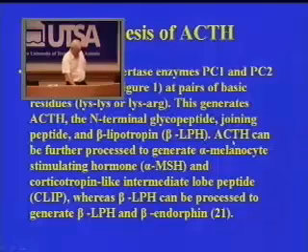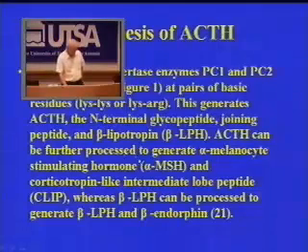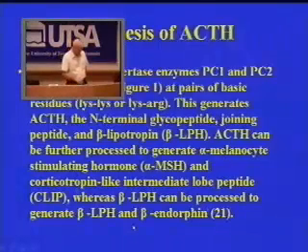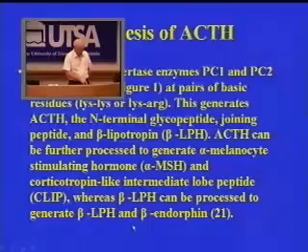Don't feel alone. So the ACTH, as we noticed, can be processed further, generating the alpha-melanocyte stimulating hormone and this CLIP, the corticotropin-like intermediate lobe peptide, whereas the beta-LPH can be processed, as we saw, ultimately to provide the gamma-LPH and the beta-endorphin.